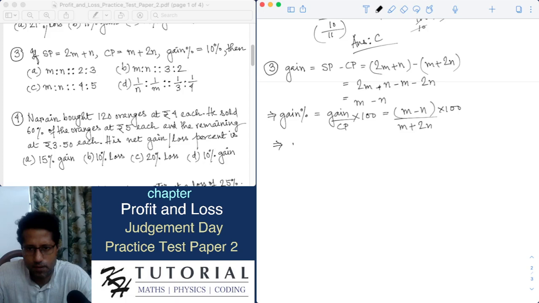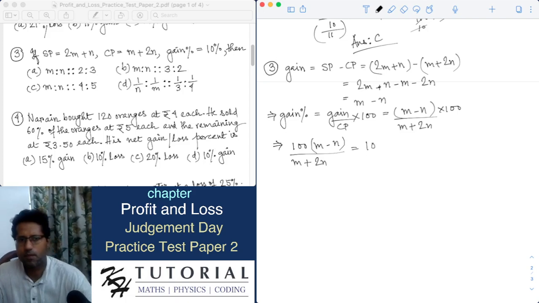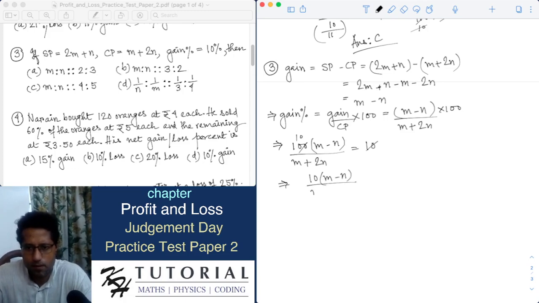Now gain is given to be 10%. So we can say that 100 into M minus N divided by M plus 2N equals 10. The gain percent is given as 10%. So we can cancel 10. So we get 10 into M minus N divided by M plus 2N equals 1.